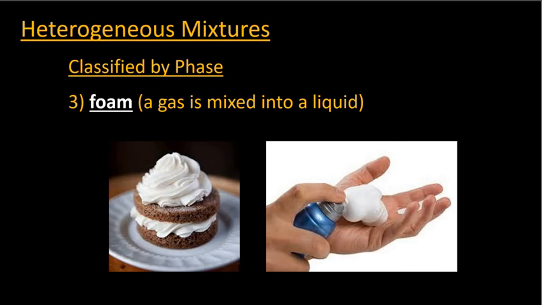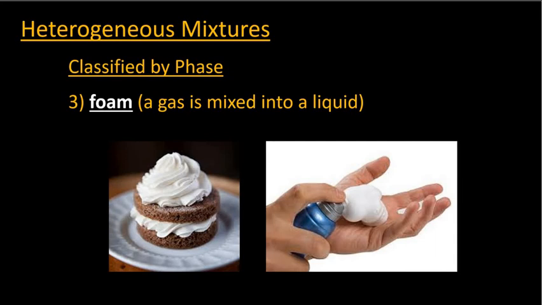You have a liquid and you simply trap the gases in that liquid. Eventually they settle out again so that the gas bubbles leave and you end up with this kind of melted looking goo, and it's no longer a foam, it separates. Okay, so that is a foam, a gas mixed into a liquid.